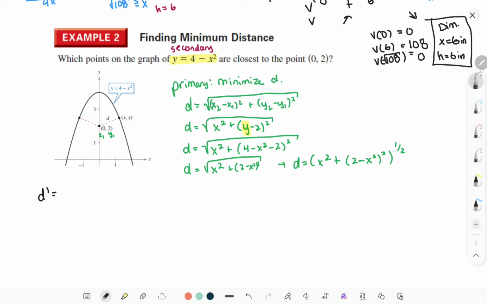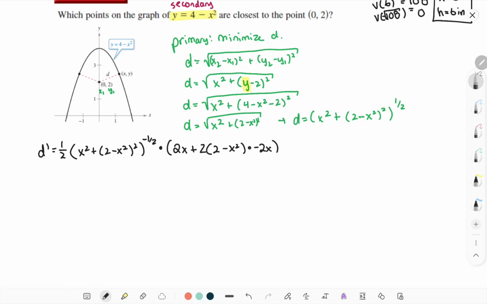So when I take my derivative, outer chain rule, bring down that 1/2, leave everything inside alone: x squared plus 2 minus x squared squared. Now that goes to the negative 1/2 times, take the derivative of the inside, 2x plus, now I have a little bit more chain rule here. Bring down my power to 2 minus x squared times derivative of the inside is a negative 2x.